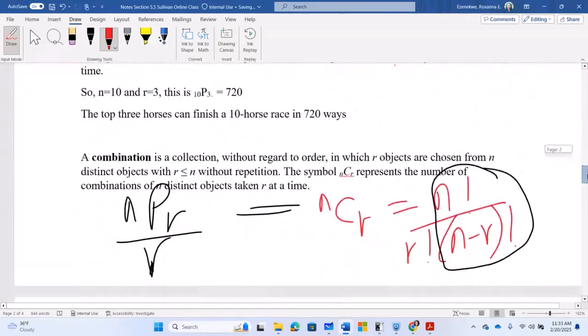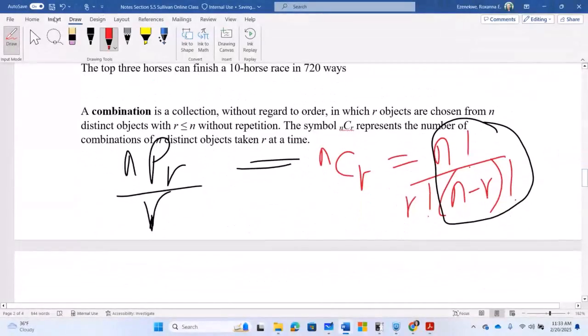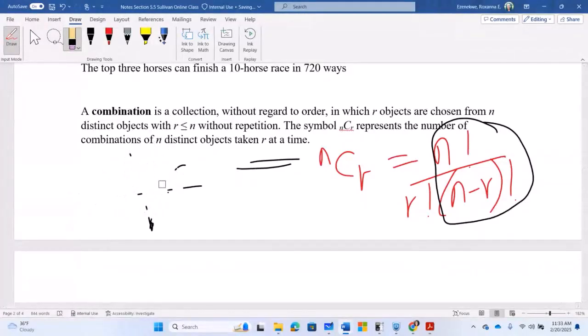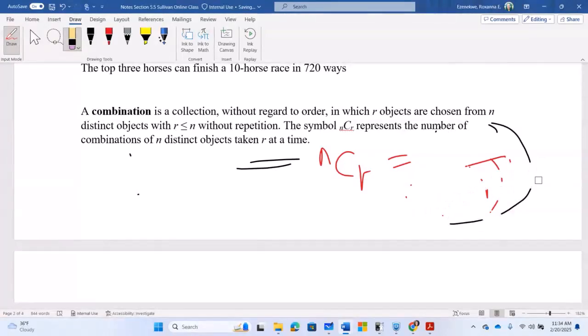Okay, the next one we want to talk about is combination. So what is combination? All right, the formula for combination is on the right. For combination, since I have n things and I want to choose r at a time, repetition is not allowed, order is not important.